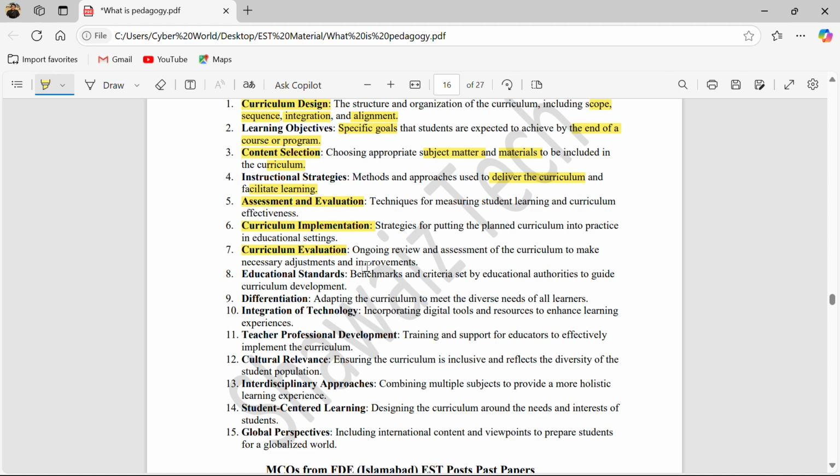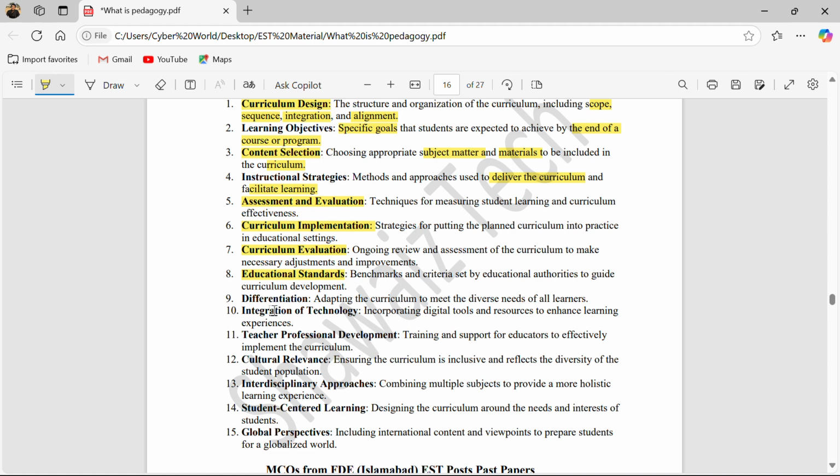Educational standards: benchmarks and criteria set by the educational authorities to guide curriculum development.